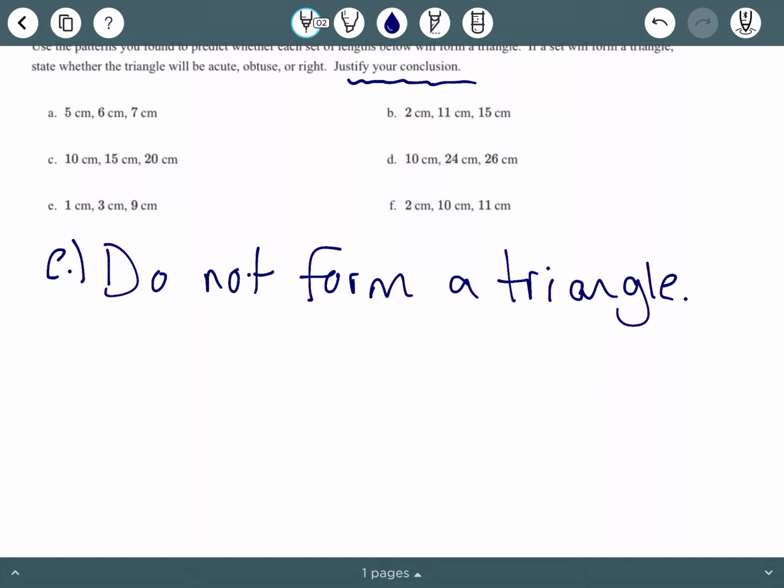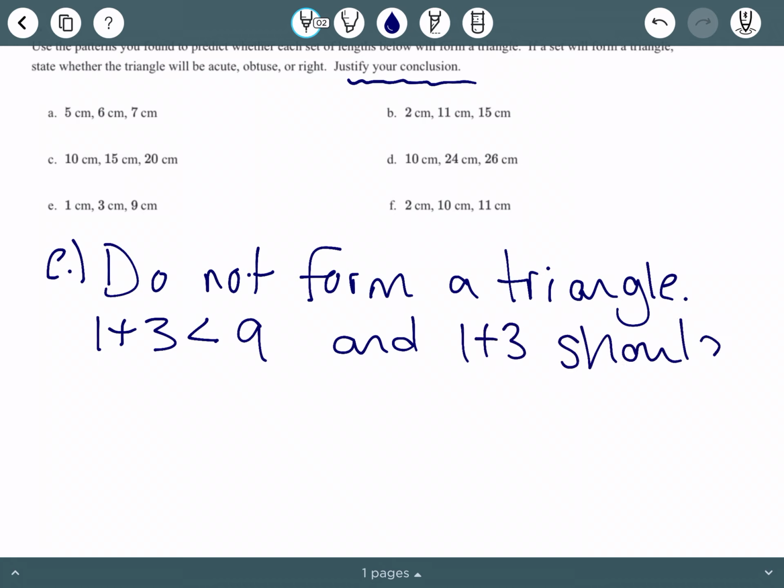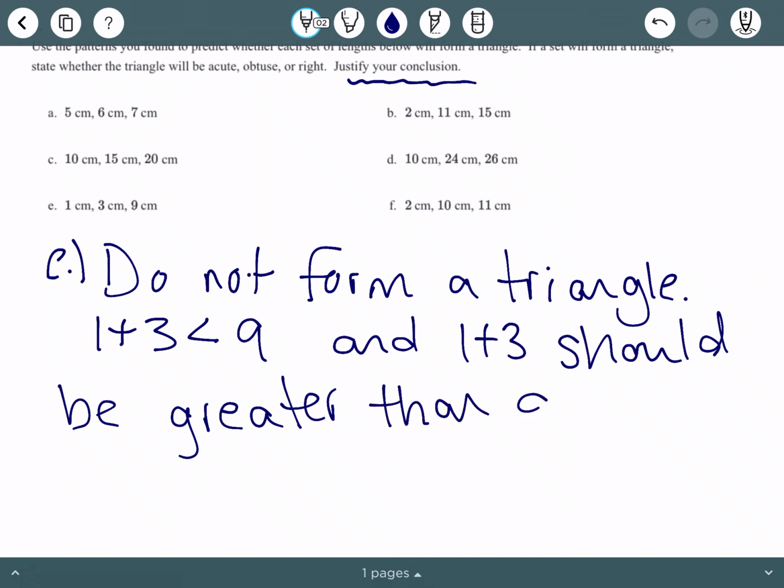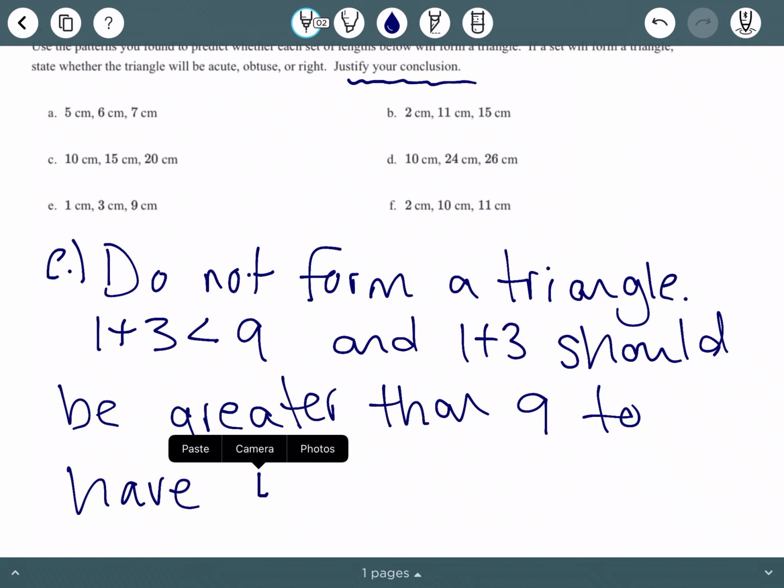Now remember, we have to justify this, so we're going to say 1 plus 3 is less than 9, and 1 plus 3 should be greater than 9 to have a triangle.